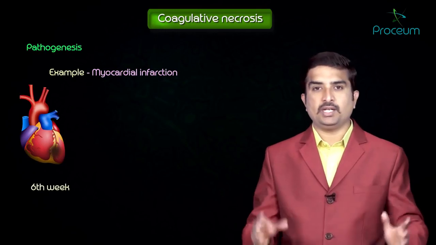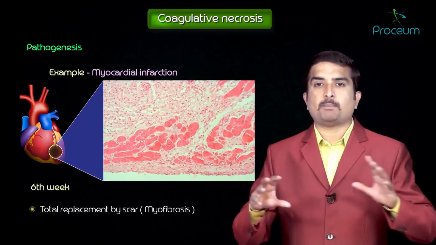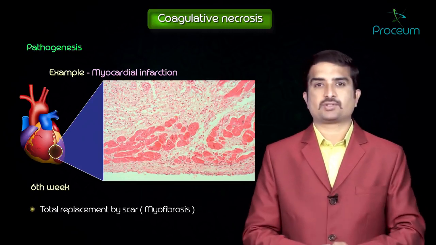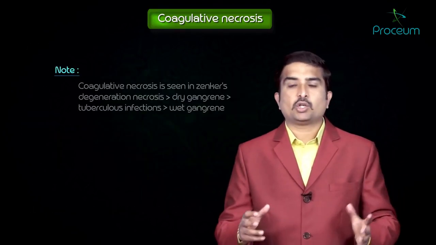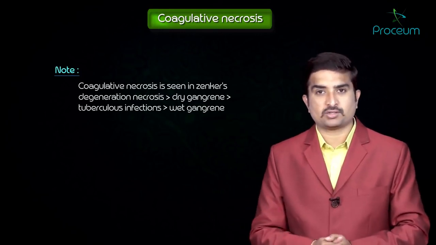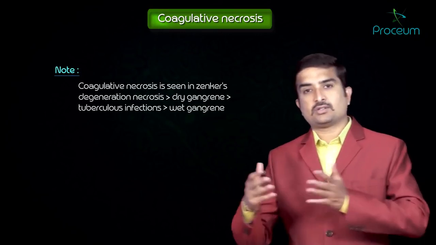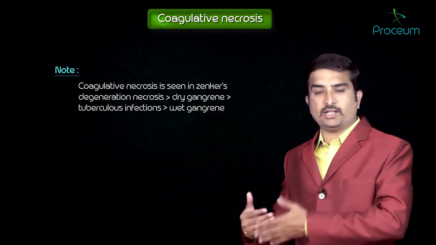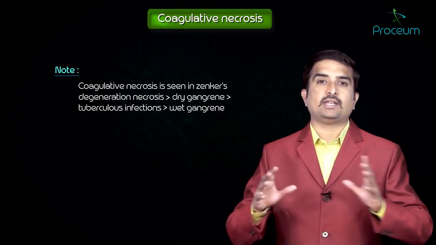And by the 6th week, there is total replacement by scar, called myofibrosis. Coagulative necrosis is seen in Zenker's degeneration necrosis more commonly, which is greater than dry gangrene, greater than tuberculous infection, then wet gangrene.